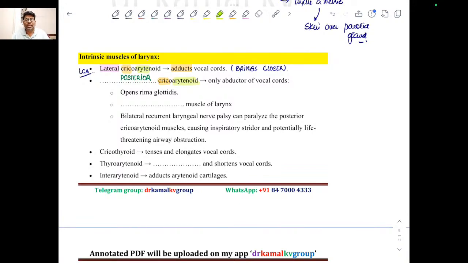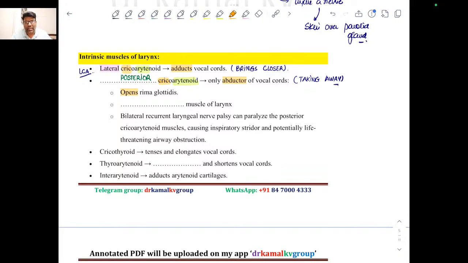So posterior cricoarytenoid. Now this is the only abductor. Abductor means taking away. So it takes the vocal cord apart, and when it takes the vocal cord apart, it will open up the rima glottidis.